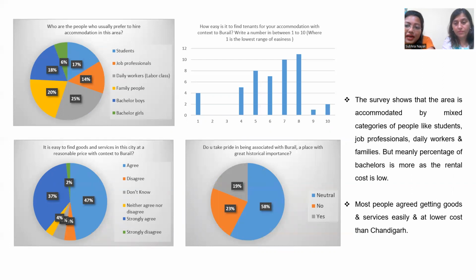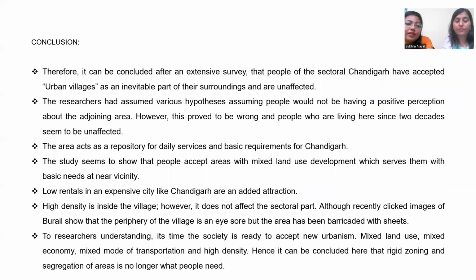Most people agreed getting goods and services easily and at lower cost than Chandigarh. Therefore, it can be concluded from an extensive survey that people of the sectorial Chandigarh have accepted urban villages as an inevitable part of their surroundings and are unaffected.